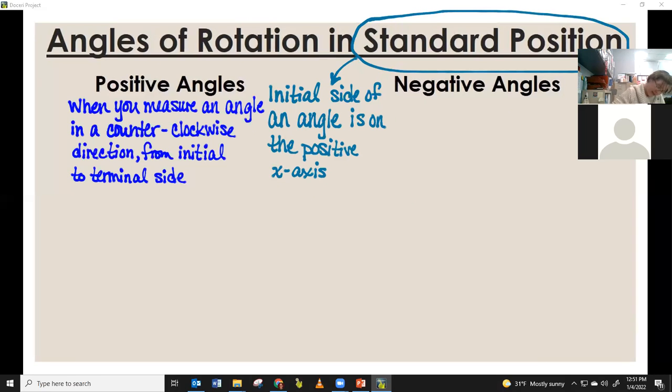The initial side is where our angle begins. That's going to be on the positive x-axis. And the terminal side is where our angle ends.